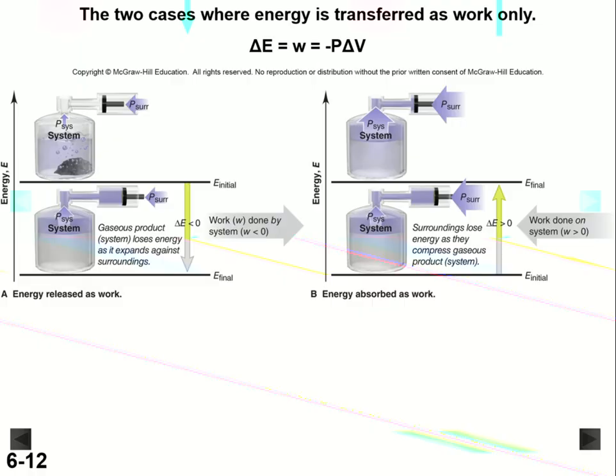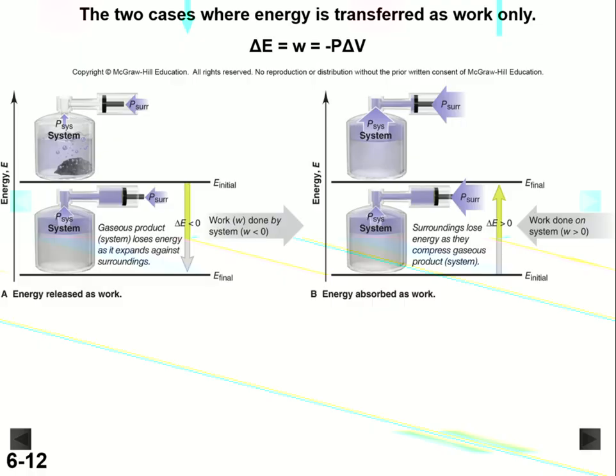On the right-hand side, we have the opposite case. Our initial state is lower in energy, so E initial is lower. And this might be a case where gas is absorbed by reaction. So, for example, calcium oxide can react with CO2 to absorb it to form calcium carbonate.